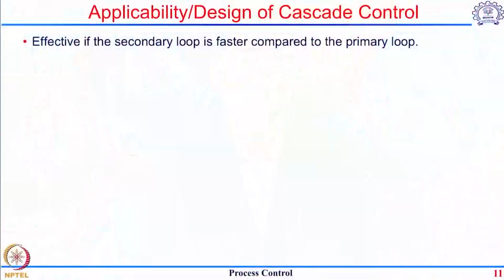Your cascade control strategy will be effective only if your secondary control loop is very fast. If your secondary loop has the same dynamics as the primary control loop, then your cascade control strategy will not be effective, and it will work almost like the traditional control strategy of controlling temperature by directly manipulating the valve.